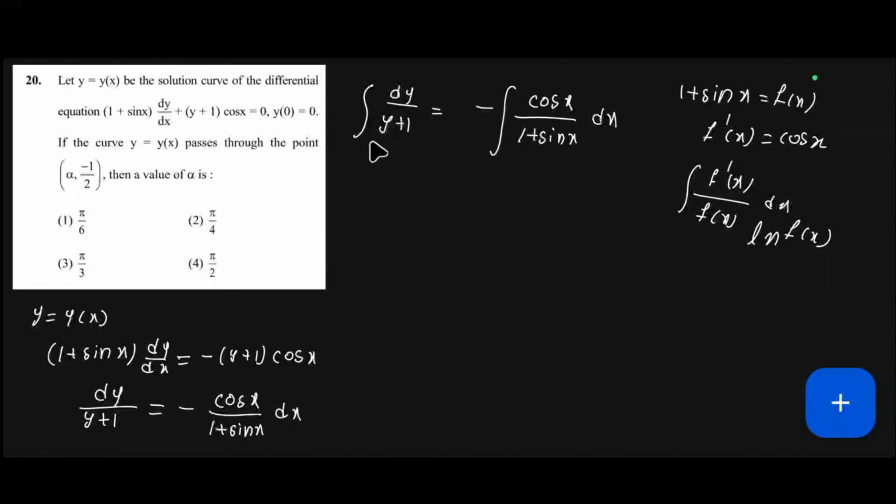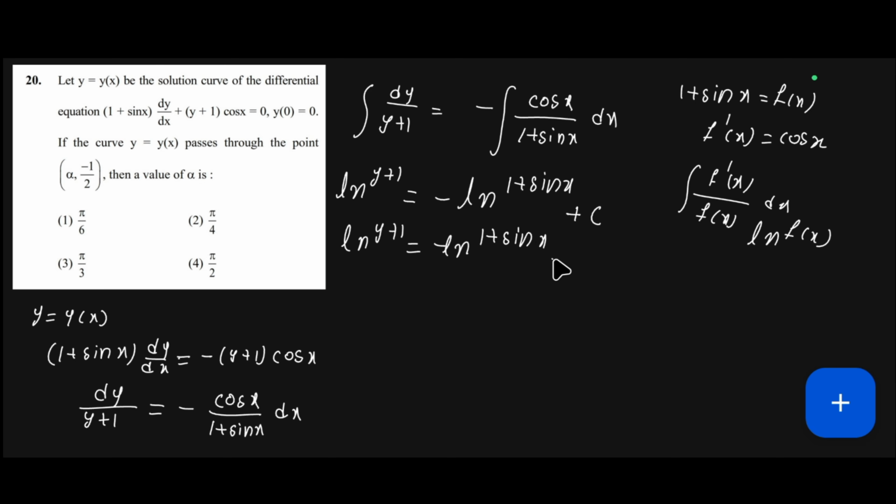So dy by (y + 1) gives ln of (y + 1) is equal to minus ln of (1 + sin x), the f dash by f form, plus c.